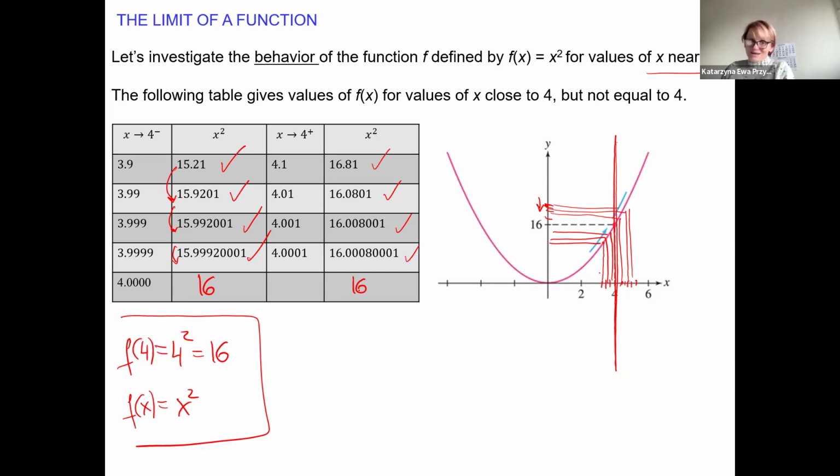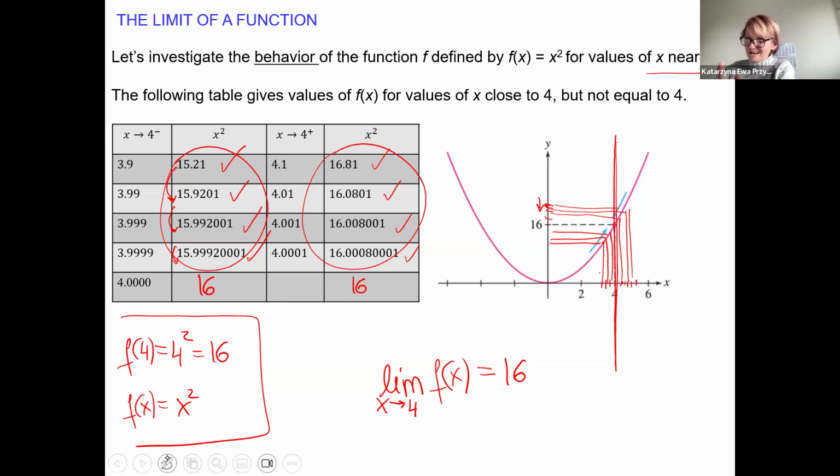Okay, that means we can say that the limit of the function f of x as x is getting closer and closer to 4 is 16. Based on all of these numerical values, we prove this. Okay, yes, it is 16.